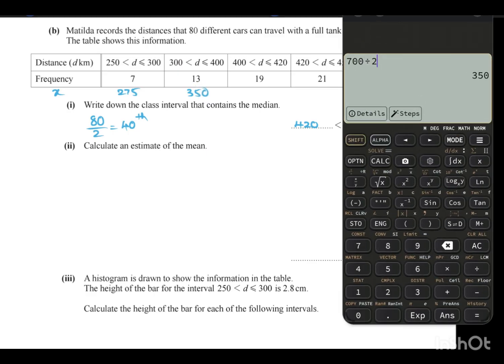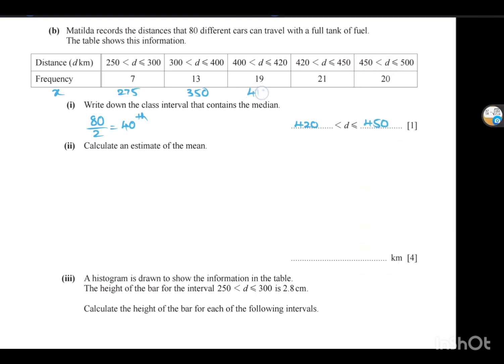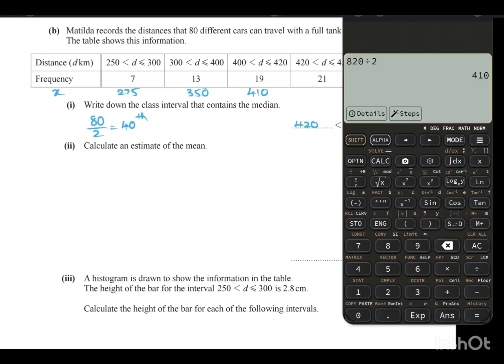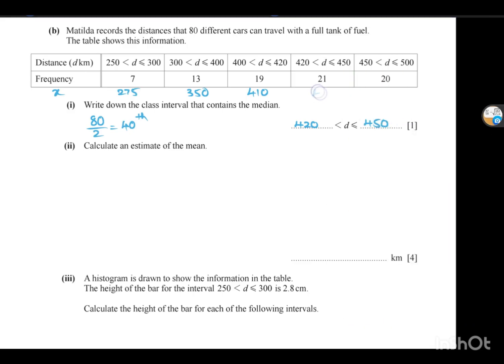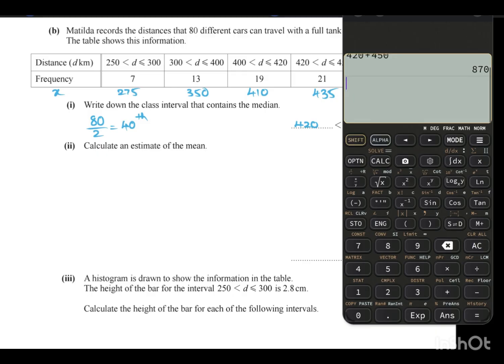Then 400 plus 420 is 820, divided by 2, 410. Next 420 plus 450 divided by 2, 435. Next 450 plus 500 is 950 divided by 2, 475.